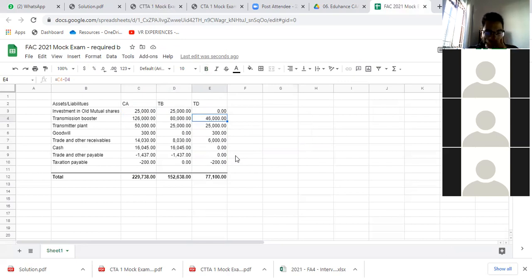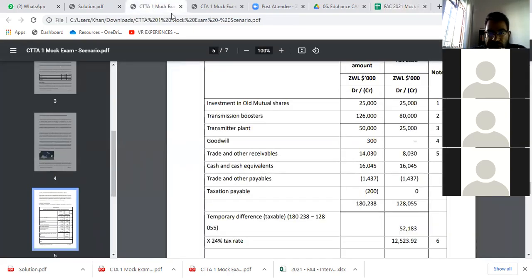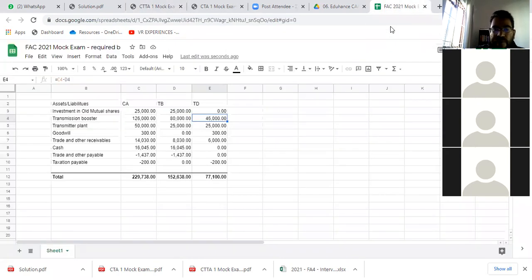If you have a look at his answer, you can already see that something is wrong. The first issue you can pick up is that he added up incorrectly, because we have exactly the same numbers. As a result, his temporary difference is incorrect, and so his deferred tax is incorrect. Without even looking at the detail, we can already tell him that his mathematics is wrong by adding up, arithmetically.